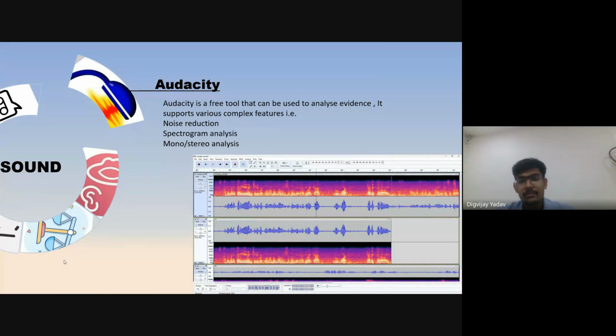It is used for noise reduction, steganography analysis, as well as comparison of mono and stereo analysis. It has the capability of converting stereo audio into a single mono audio, which makes it way easier for us to compare.